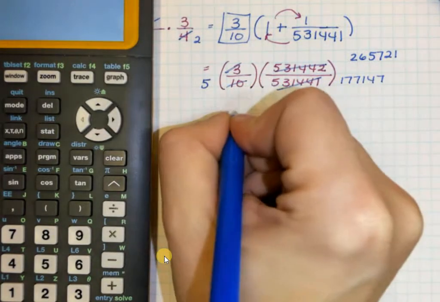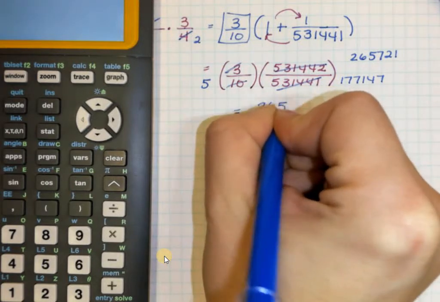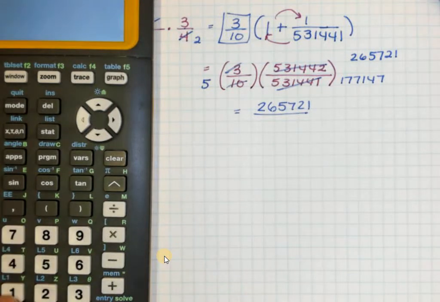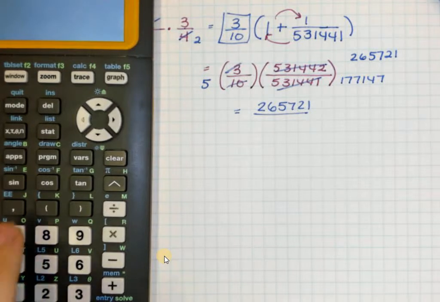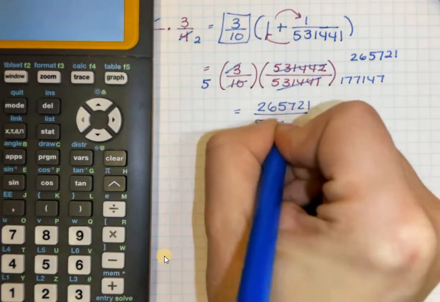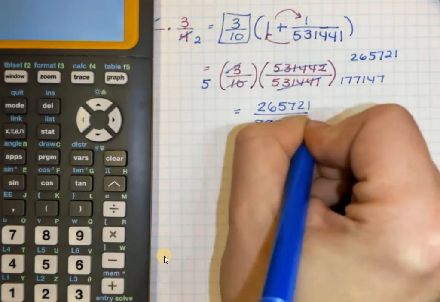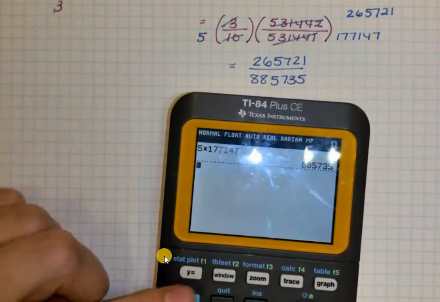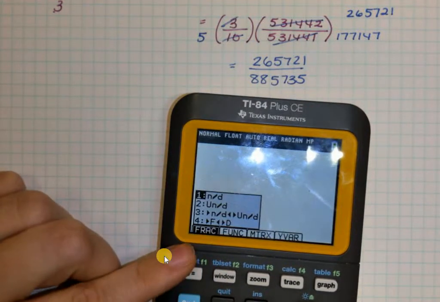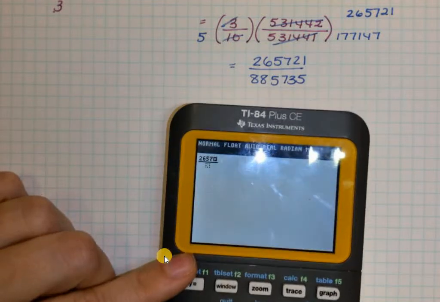So here I have 265721 over 5 times 177,147. Helps if I actually type it in right. 5 times 177,147. And let's see if that simplifies. 265721 over 885735.